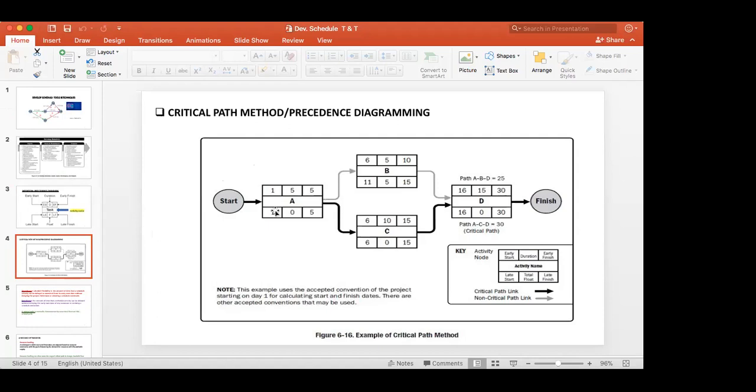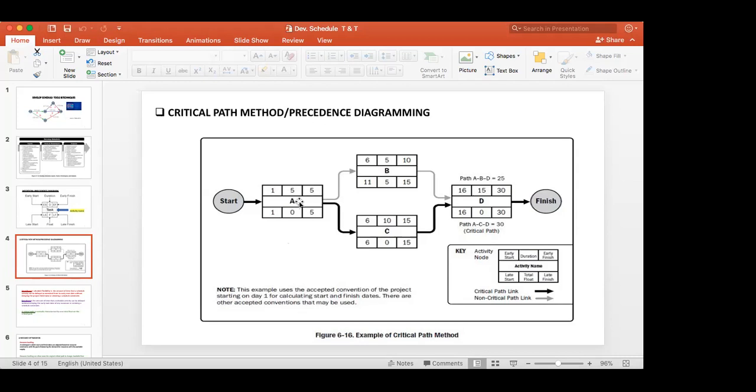Here you have a start, then early start is 1, and they have put the duration 5 with this activity name A. Activity duration is 5. Then this is the early finish, 5. Then late start, float. There is no float, no free time. Then late finish. Likewise, you are filling. You don't need to understand now, but this is how the network goes.